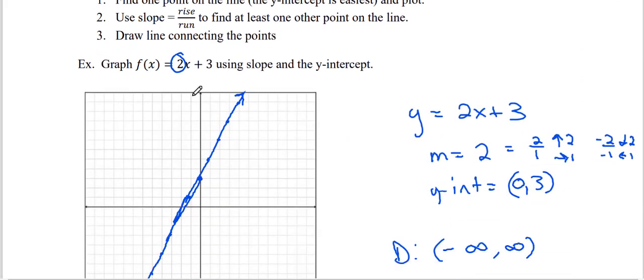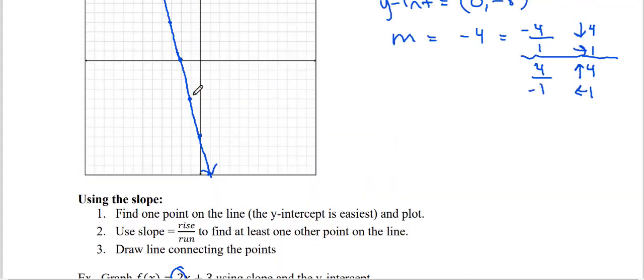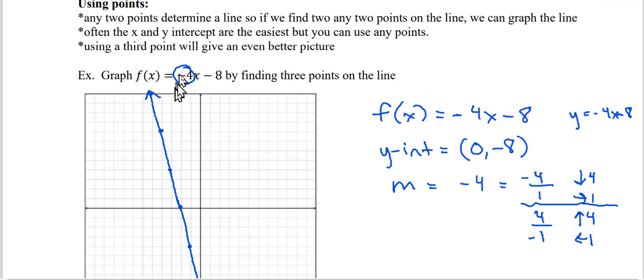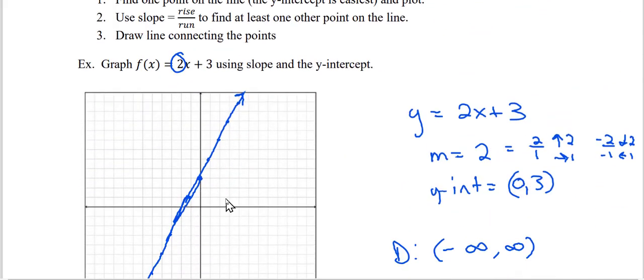Positive sloped lines will increase as you move from left to right because you're going up and right at the same time. Also, the bigger the absolute value of the number, so the absolute value of -4 is 4, kind of ignoring that positive or negative, the steeper the line is because your rise is much more than your run in those cases. So this is a much steeper line than this one where the slope is 2.